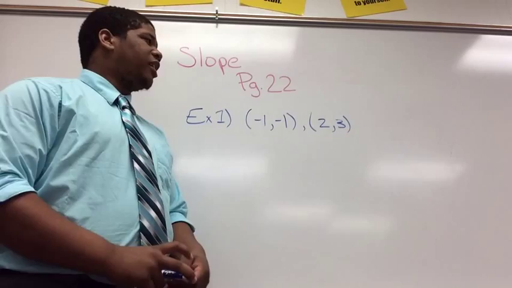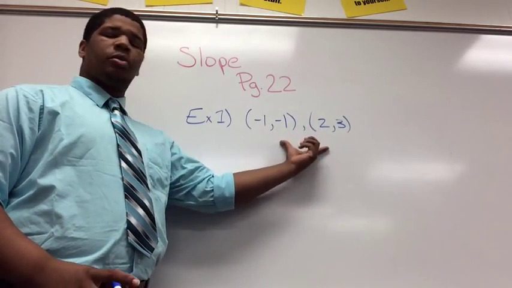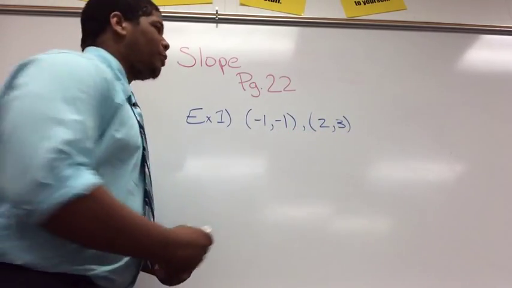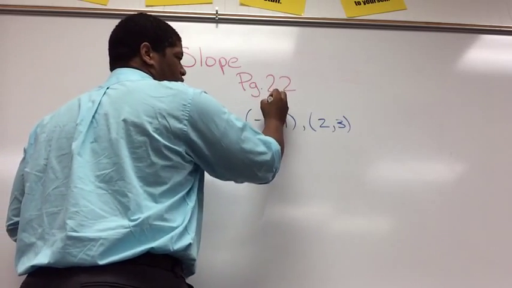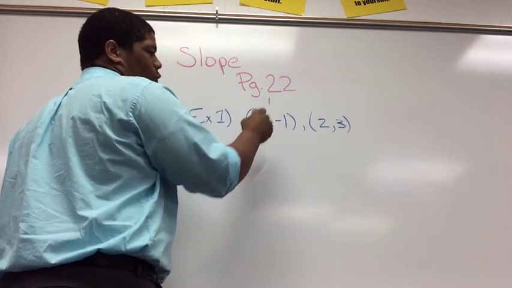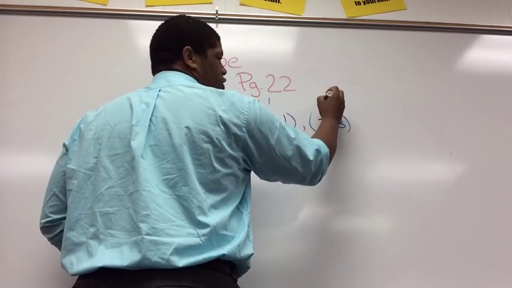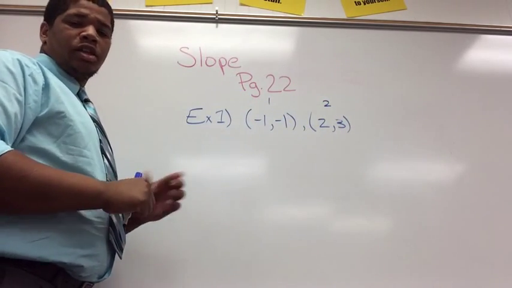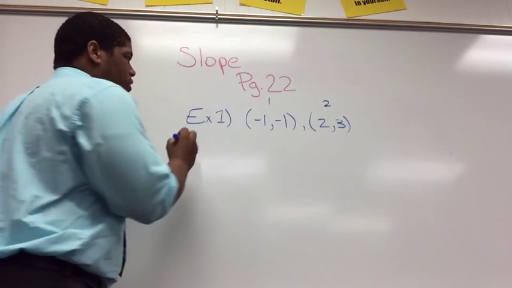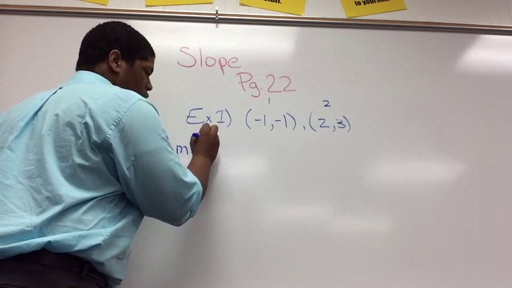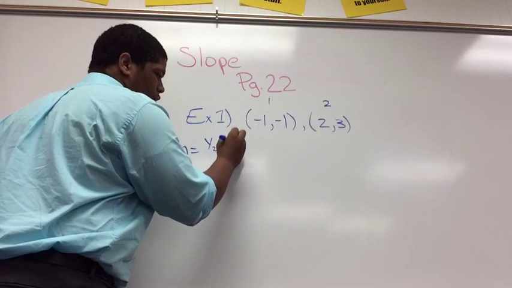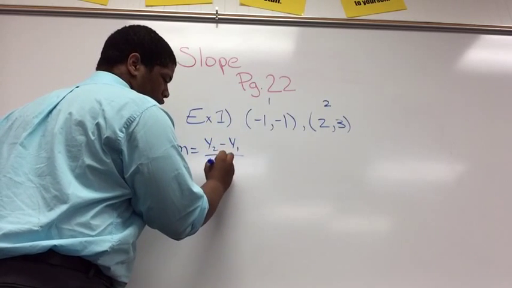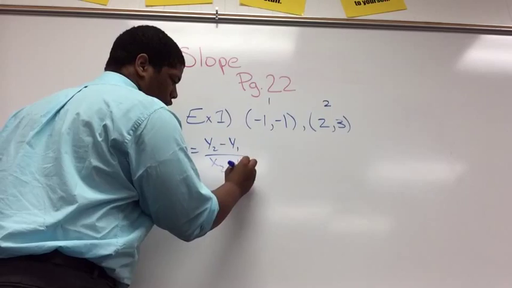So slope can be found between two different points. So here I'm going to label my first point, which is -1, 1, and my second point, which is 2, 3. And this is going to help you for that formula M equals Y2 minus Y1 over X2 minus X1.